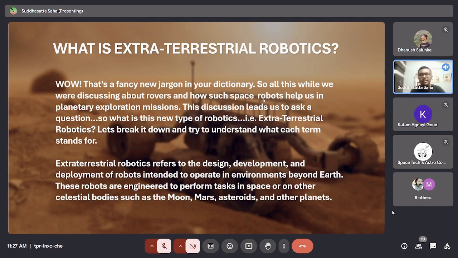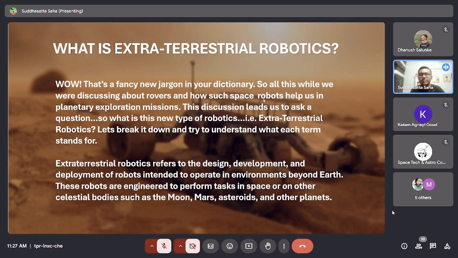So extraterrestrial robotics indicates the design, development, and deployment of rovers or robots in space, outside Earth and the atmosphere of the Earth. So in simple words, we can say that this is space robotics.